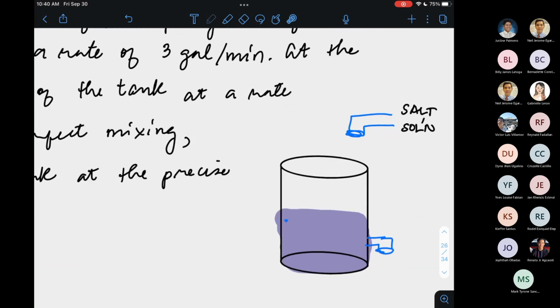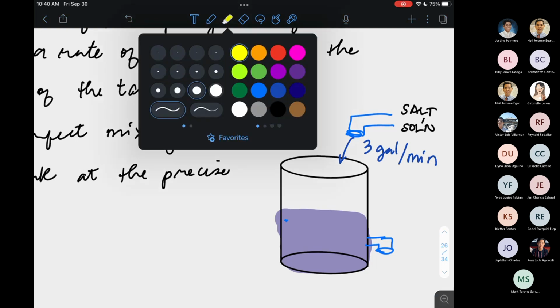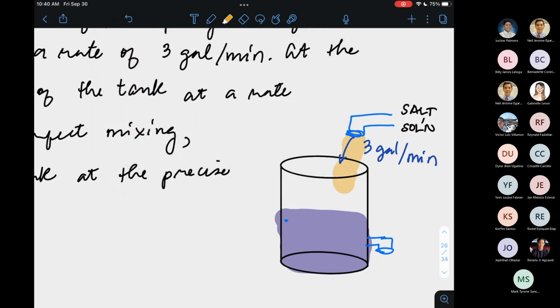So here, we are pumping a solution at a rate of 3 gallons per minute. And what we pump in, this orange liquid, is pumped at 3 gallons per minute but is concentrated at 1.5 pounds of salt per gallon.